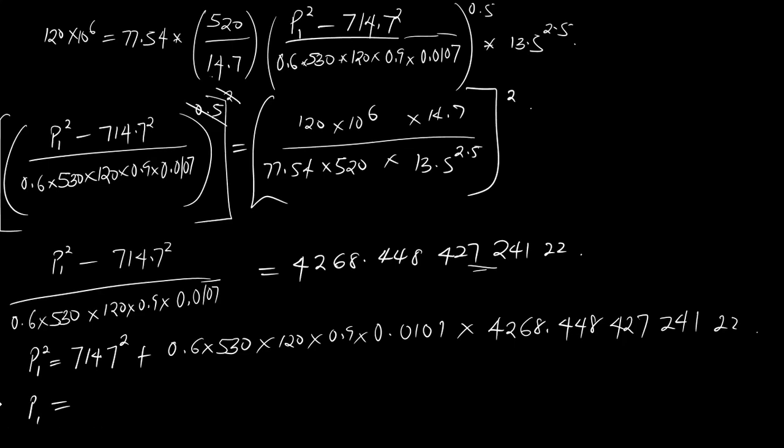Now P1 will now be equal to what? Let's see. Now we're multiplying this value here with 0.6 times 530 times 120 times 0.9 times 0.0107 equal to this plus 714.7 squared equal to this.